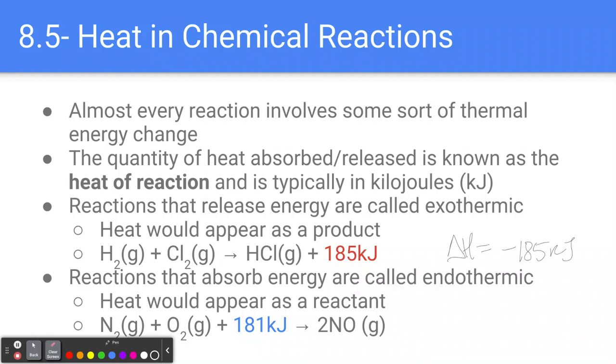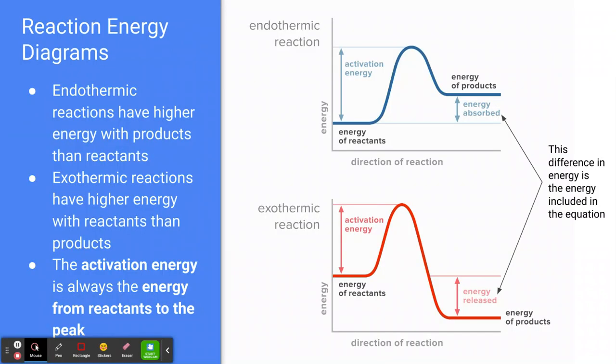That negative 185 means that it was released. And here you would see delta H say a positive 181 kilojoules, and that means that it is entering our equation there.